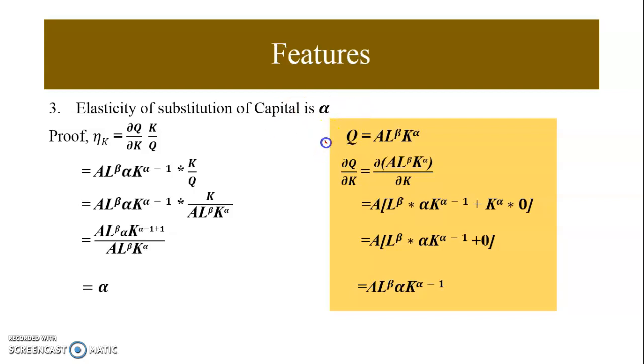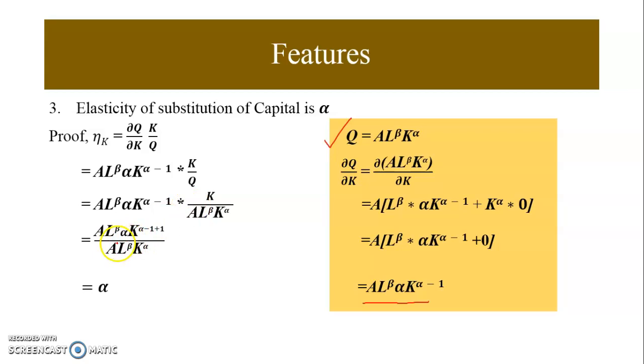So when you repeat the process, finding the partial derivative of output with respect to capital by taking labor as constant, your value will be this. You can practice that, and in case of questions, please write to me in the comments, and then you just substitute this value into your formula and also substitute the value of total output.